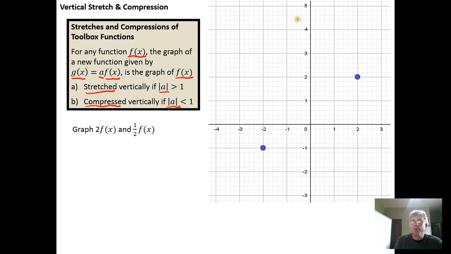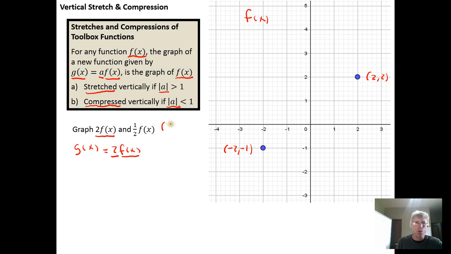So for example, we have a simple function f of x in the plane right here, given by two ordered pairs. This is the ordered pair 2, 2, and this is the ordered pair -2, -1. If I want to graph a new function g of x that's equal to 2 times f of x, what I want to notice is that this 2 is being multiplied by the outputs, right?